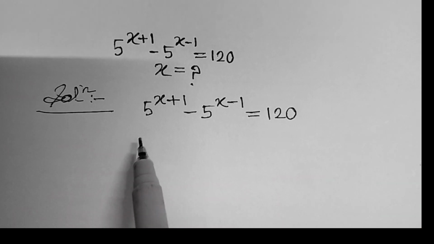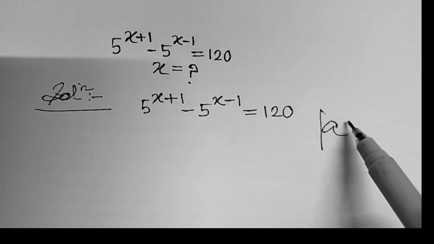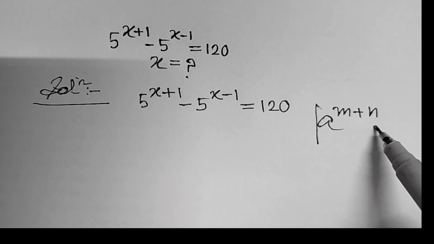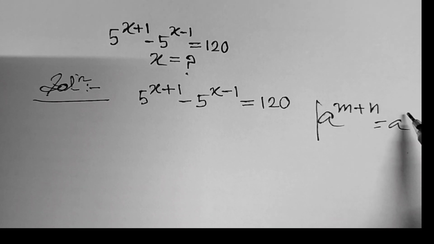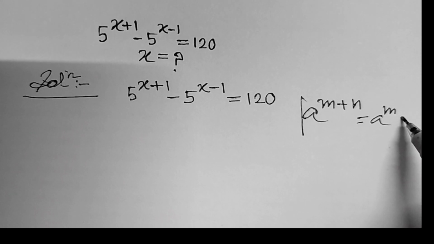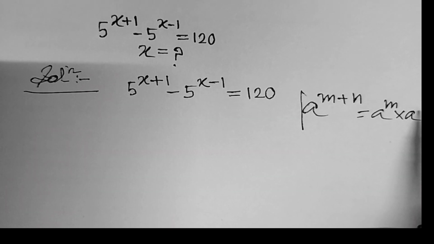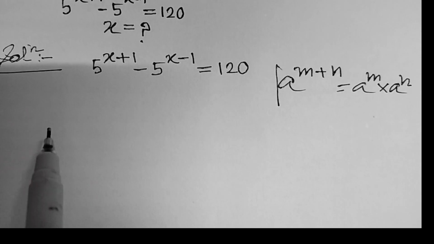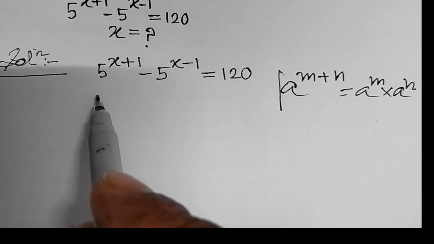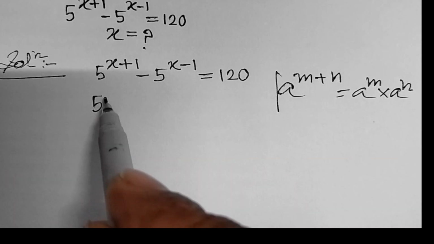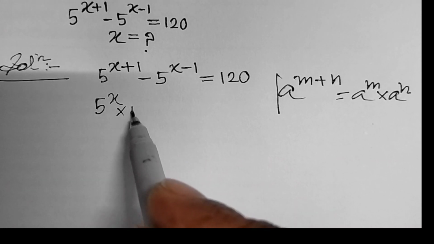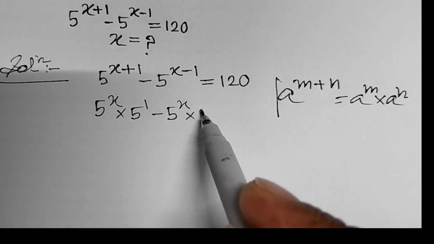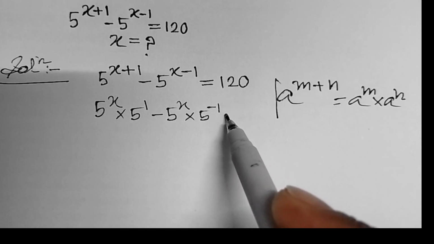Now, since we know the formula a^(m+n) = a^m times a^n, therefore 5^(x+1) can be written as 5^x times 5^1, minus 5^x times 5^(-1), equal to 120.